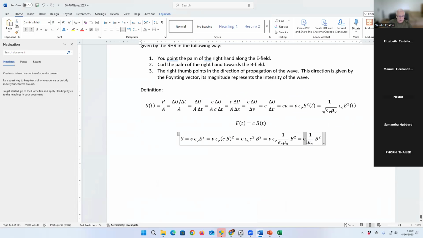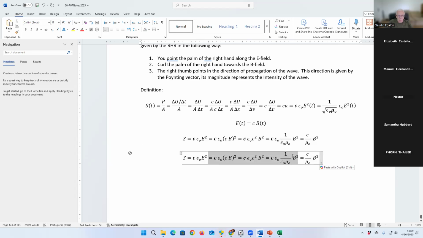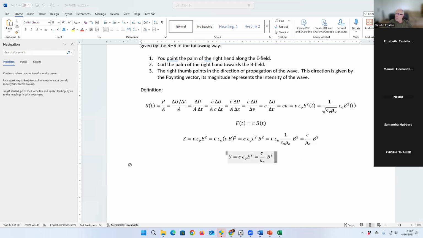Let's put the format according to the book, because all the constants end up in a single fraction, right? There are other ways to rewrite this equation, but this would be the best way to write it, okay? So this equal to this equal to the other one. So that's what we have for this chapter.